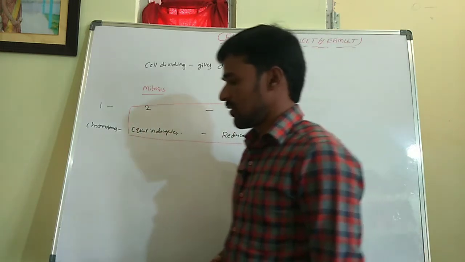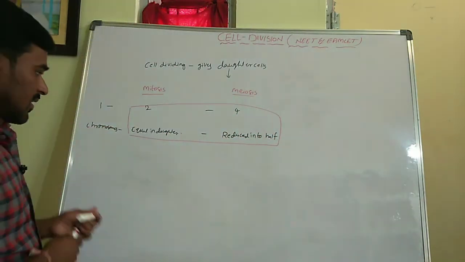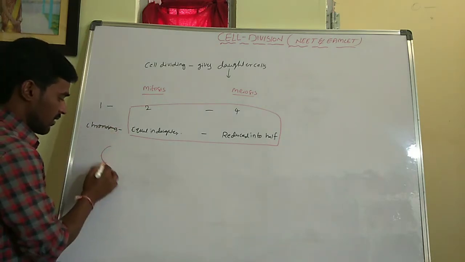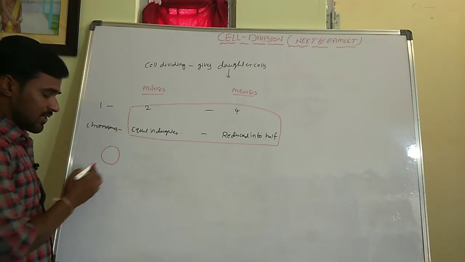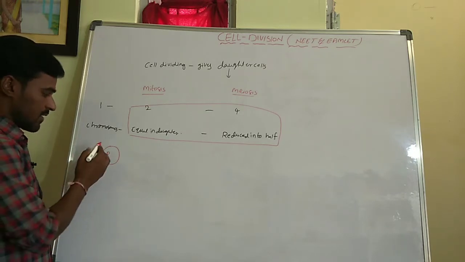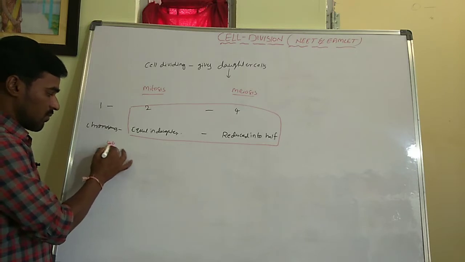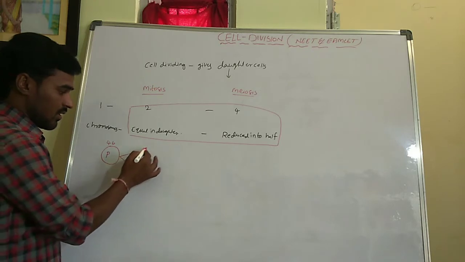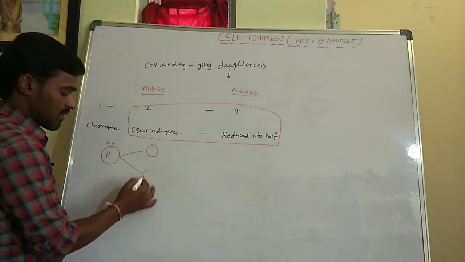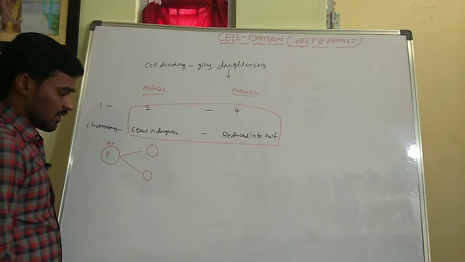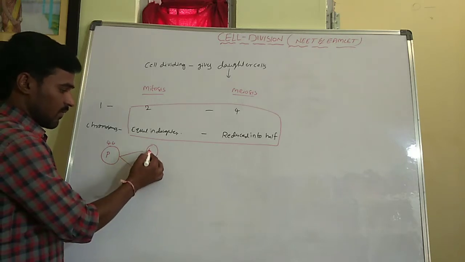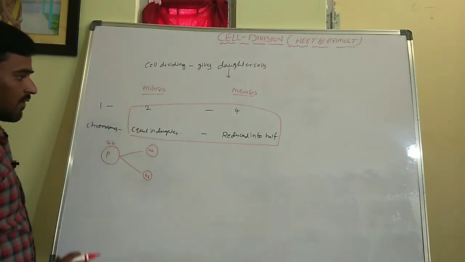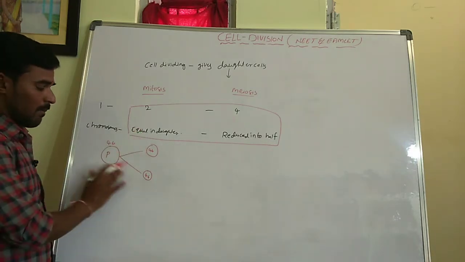See, if this parental cell contains 46 chromosomes and is involved in mitosis division, it gives two daughter cells, and in both daughter cells also 46 chromosomes are present.